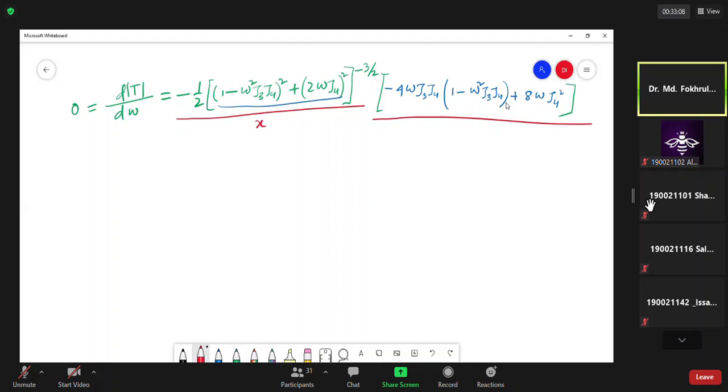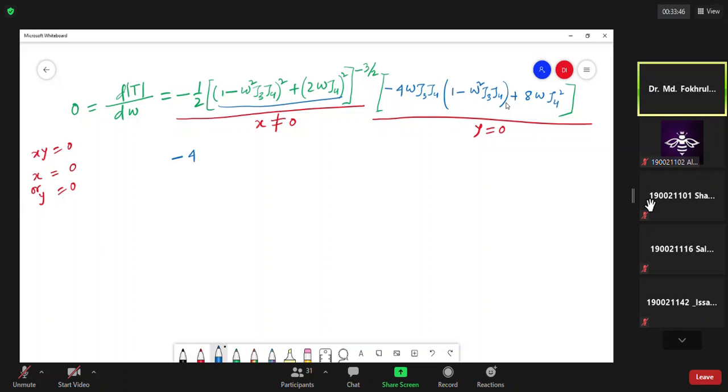If you consider this is x, this is y, then we can say simply xy equals 0, meaning either x is equal to 0 or y equals 0, either one. So we consider that y equals 0, maybe x not equal to 0.